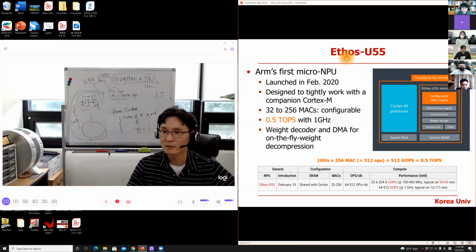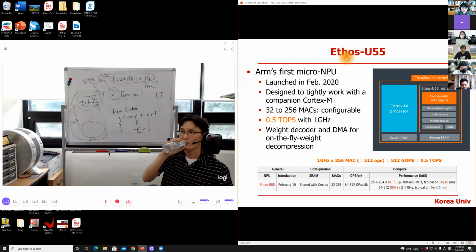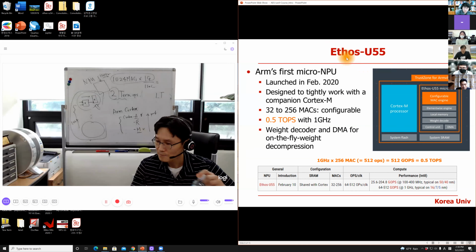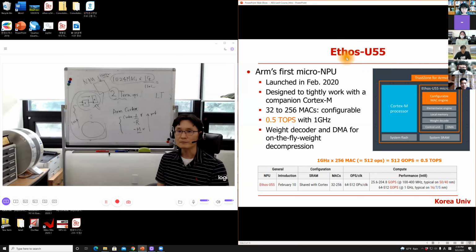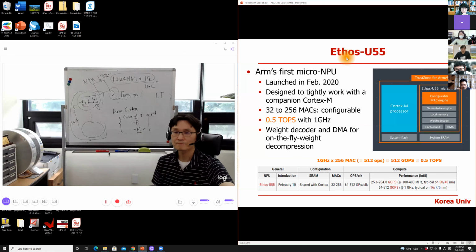Kuyun, can you please? Ethos U55, ARM's first micro NPU, launched in February 2020, designed to tightly work with a companion Cortex-M, 32 to 256 MACs, configurable, 0.5 TOPS with 1 GHz, weight decoder and DMA for on-the-fly weight decompression.